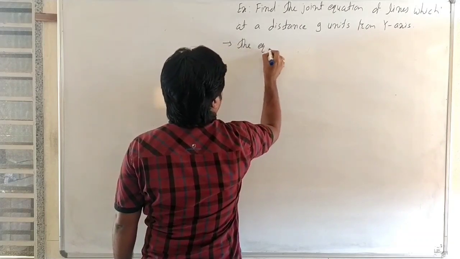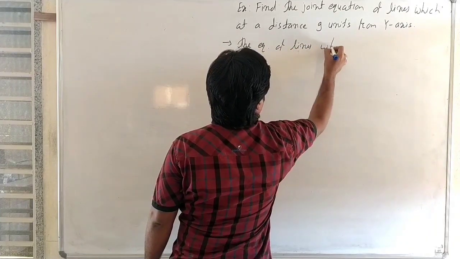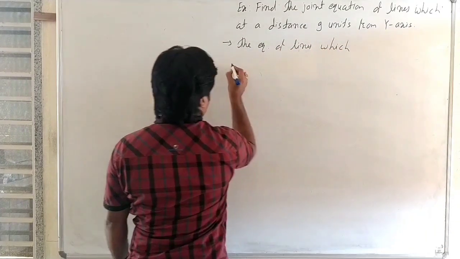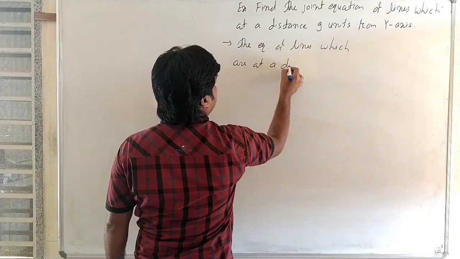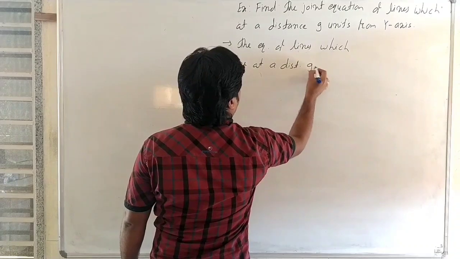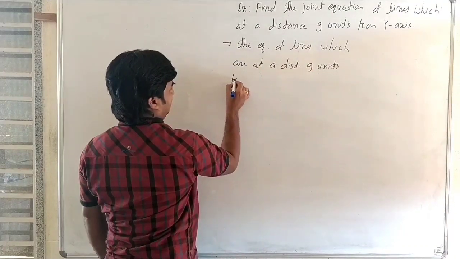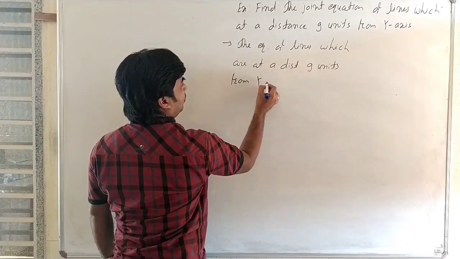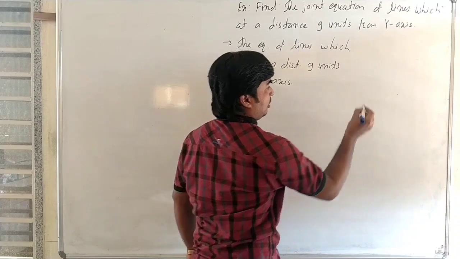The equations of lines which are at a distance 9 units from the y-axis. Okay, here, distance of line from the y-axis.